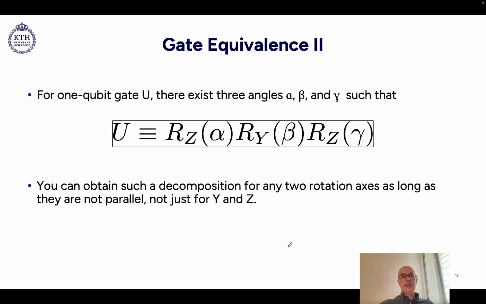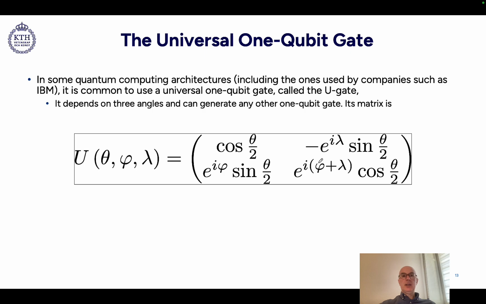For a one qubit gate U, we can also show that there exist three angles alpha, beta, and gamma, such that we can express any gate as a factorization of three gates, Rz, Ry, and Rz. Finally, some quantum computing architectures define a generalization of a single qubit operation.